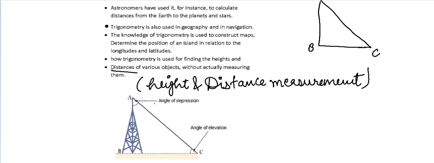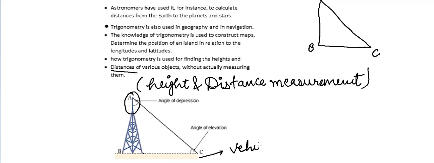Let us take an example. We have a pole here, and some person standing here, and he has to measure the distance between this pole and this vehicle.